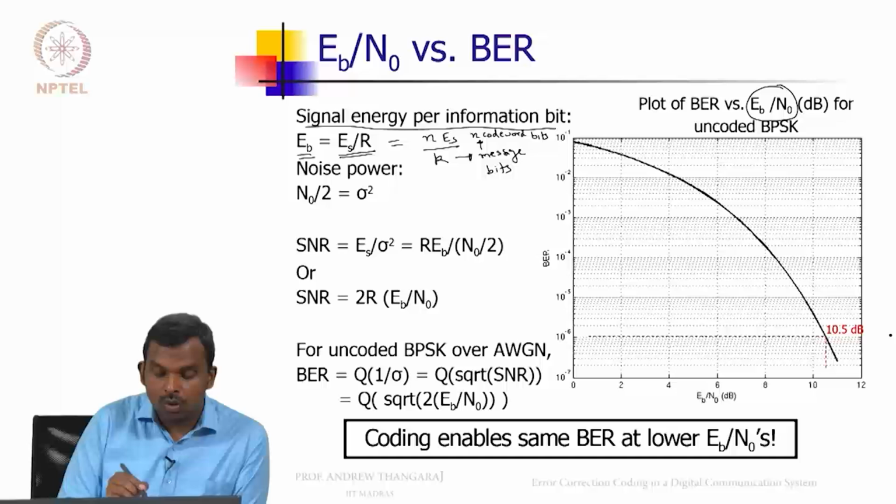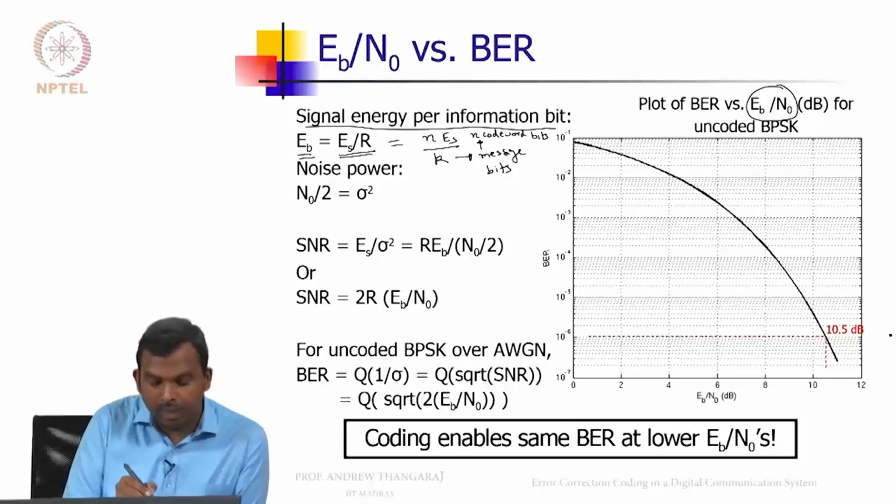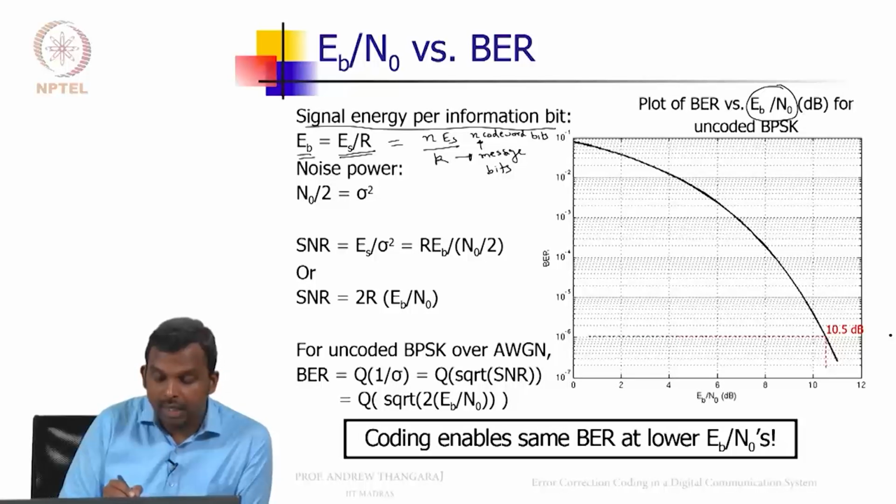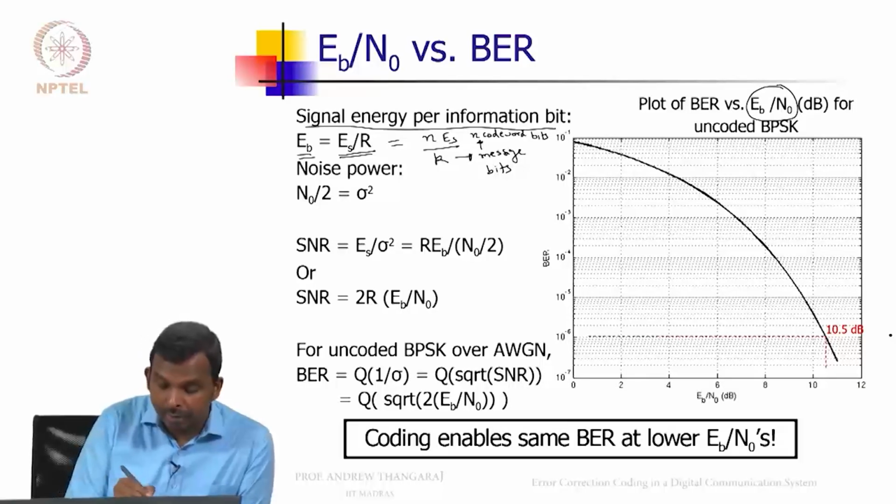So, the noise power remains the same, N naught by 2 is sigma squared. So, SNR is Es by sigma squared, and one can write it in terms of Eb and N naught. Instead of Es, here what did I do? Es is R times Eb. So, I have put that here, R times Eb, and sigma squared is N naught by 2.